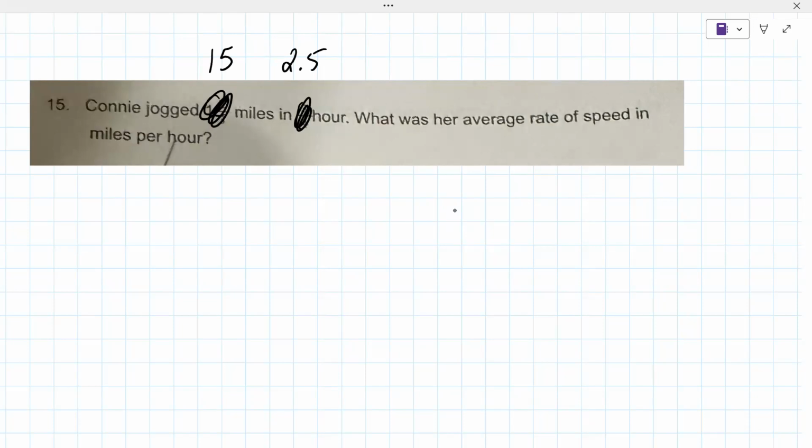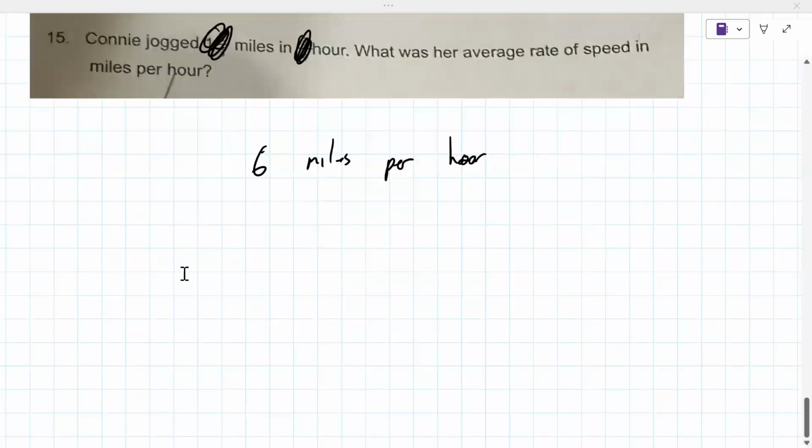Six. Yep. How fast is each mile, or how much time for each mile then? If you can do 6 miles in an hour, how many miles per minute? Or how many minutes for a mile, I'm sorry. 10. 10, yeah, 10-minute mile.